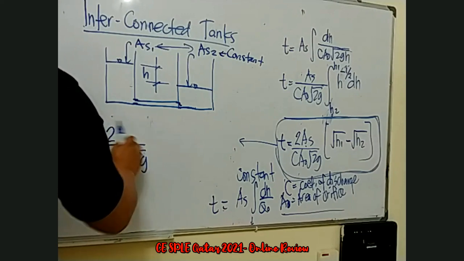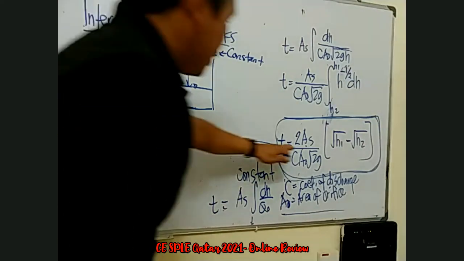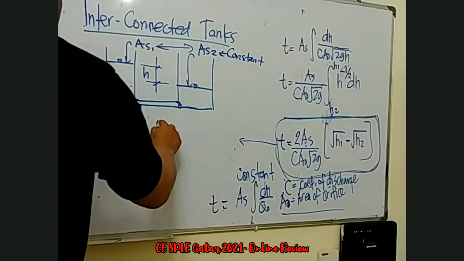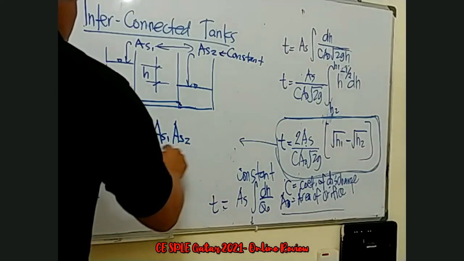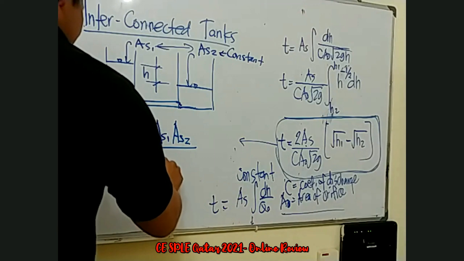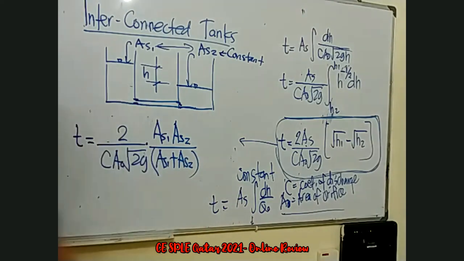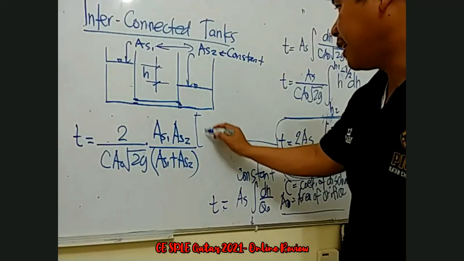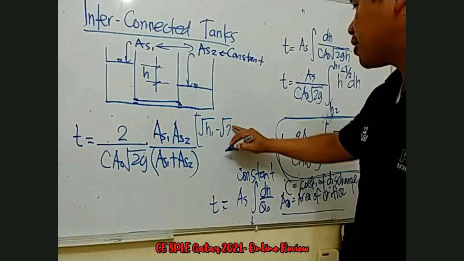Replace AS, yung AS mo, instead na isa lang, take the product over sum. So that is AS1 AS2 over AS1 plus AS2. Twice of AS1 AS2, then square root of H1 minus square root of H2.